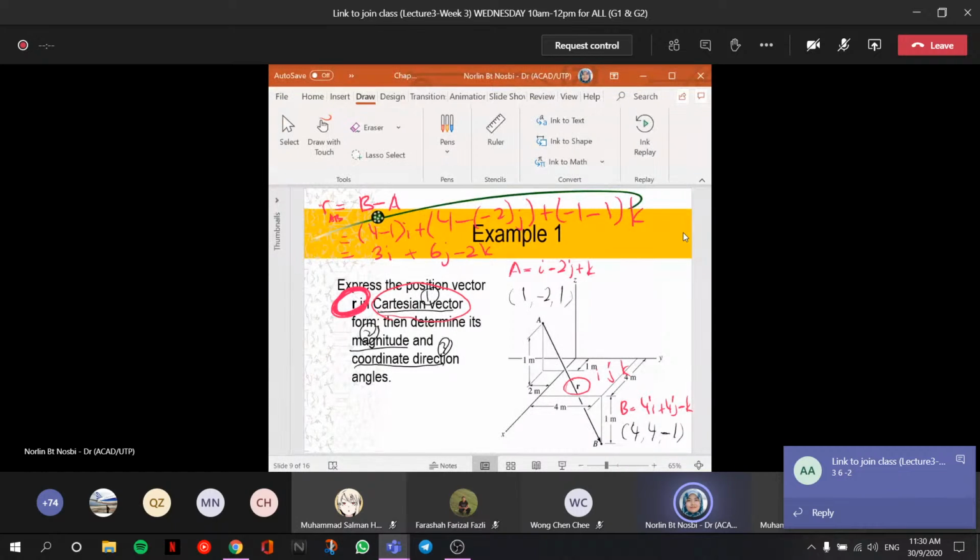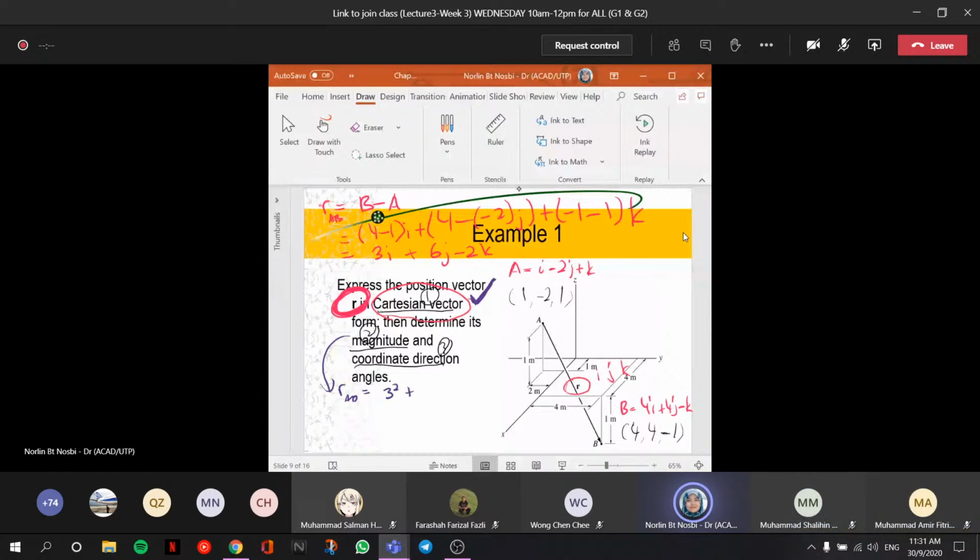Next, you need to find the magnitude of this R AB. What is the formula for magnitude? The square and then the square root. So magnitude R AB equals 3 squared plus 6 squared plus negative 2 squared, and then the square root.